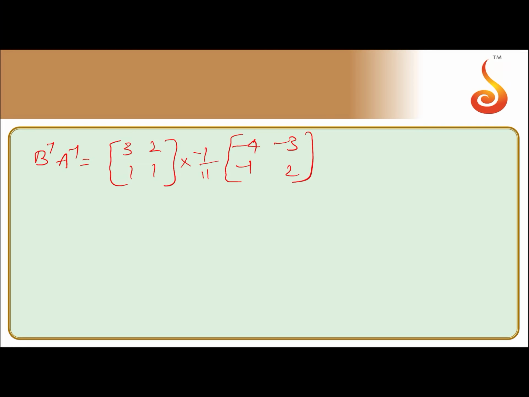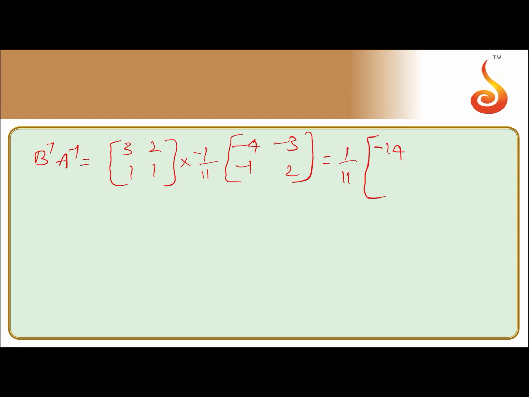The product is equal to 1 by 11 times the product. When you take the product of first row, first column, minus 12 minus 2, minus 14.